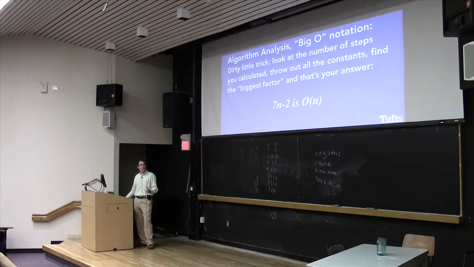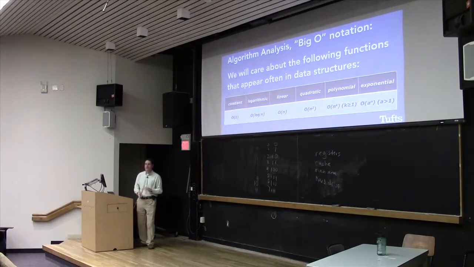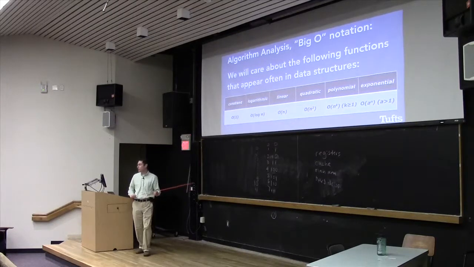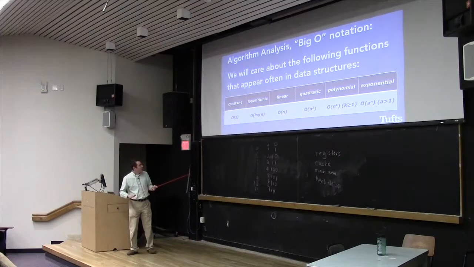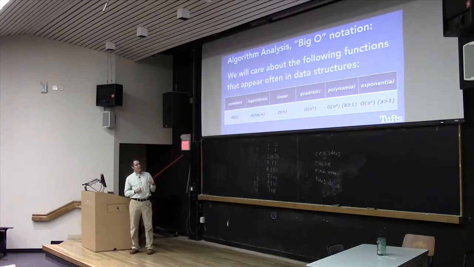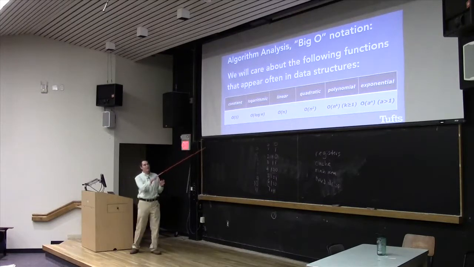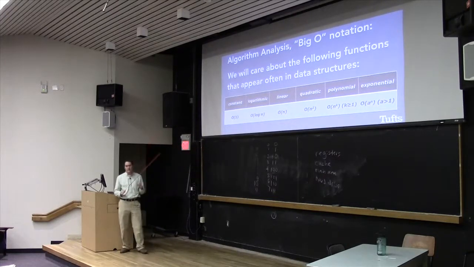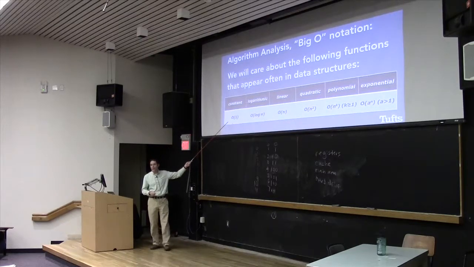But let's go through a couple other examples of the types of big O notation. These are the ones that we're going to focus on. Most of them, the last two, we're not going to see too often. But the first one is like the holy grail of computer science.